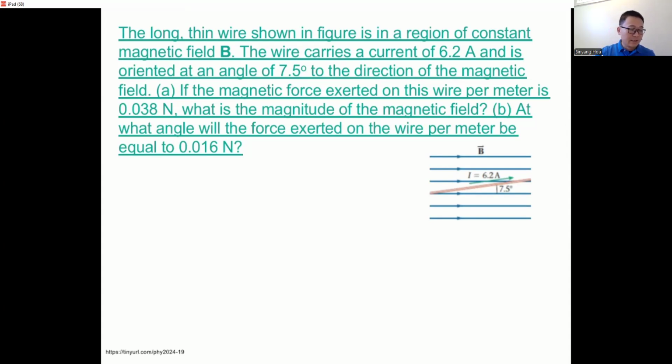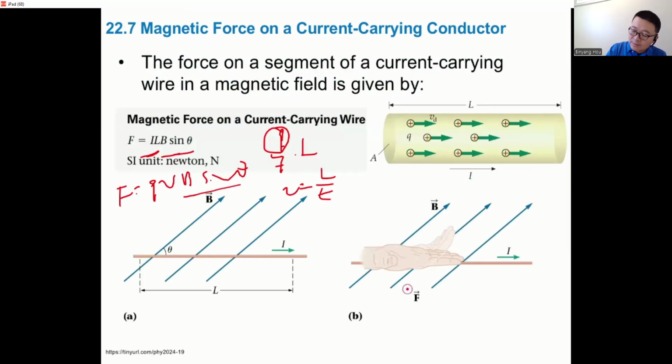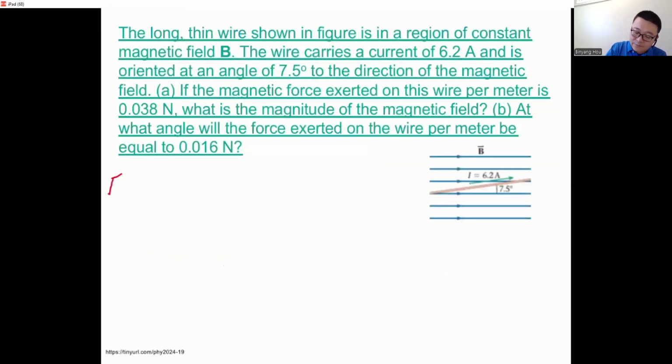Part A asks: if the magnetic force is 0.038 newtons per meter, what's the B field? We can set this up: F equals ILB sine theta.